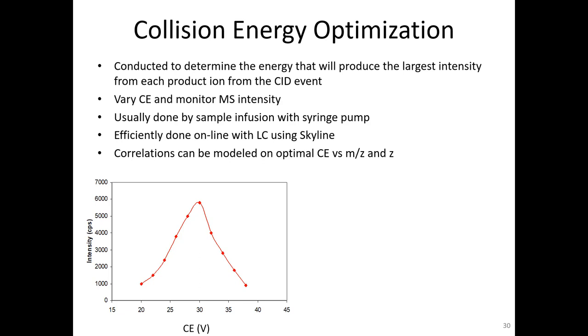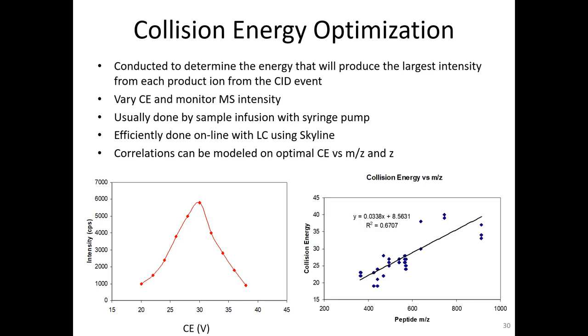At some voltage, you'll have an apex intensity, and that will be the optimized collision energy for that product ion. Then, what Skyline does now is it allows us to plot the optimized collision energy based on the mass to charge of that peptide's precursor and generate a regression.